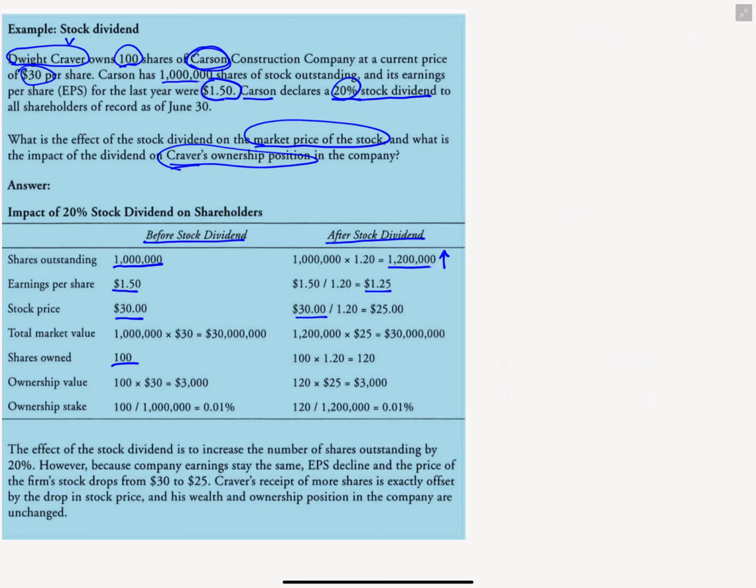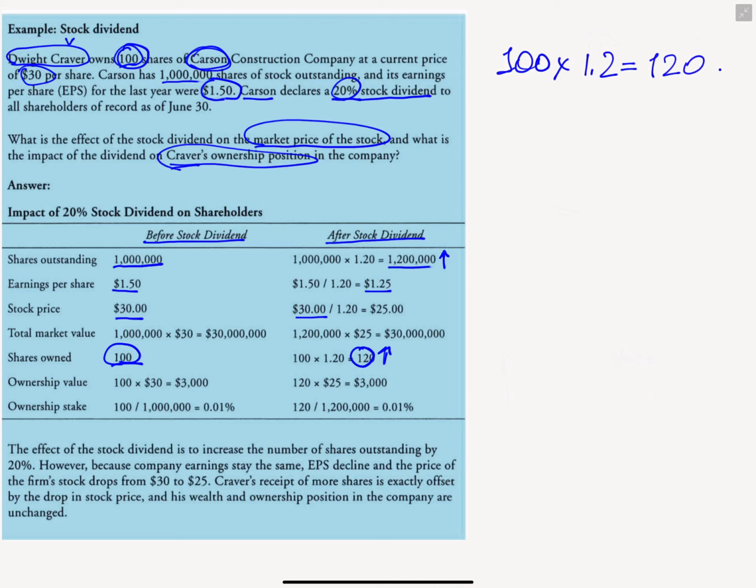Let's say Kraver company owned 100 shares before. 100 multiplied by 1.2 means 120. Number of shares increased. Then we should discuss total market value.